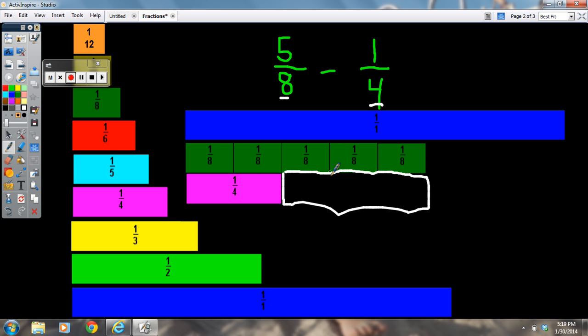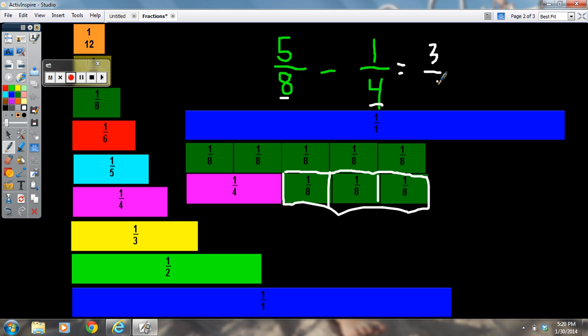But the way it's lined up, we could see pretty clearly that the difference between 5/8 and 1/4 would be 3/8. If I slid my 3/8 pieces right into this spot, you could see that matches the difference between those two fractions. Therefore, the answer for 5/8 minus 1/4 is going to equal 3/8.